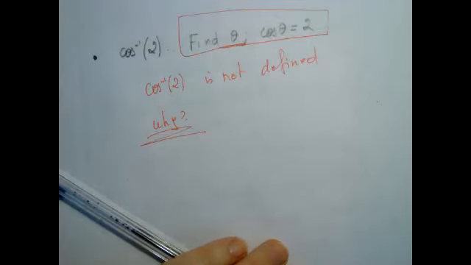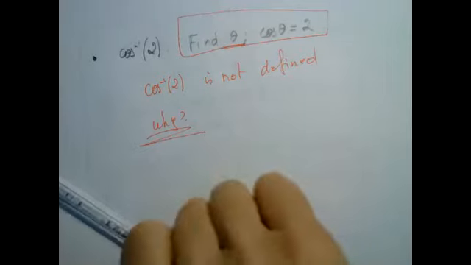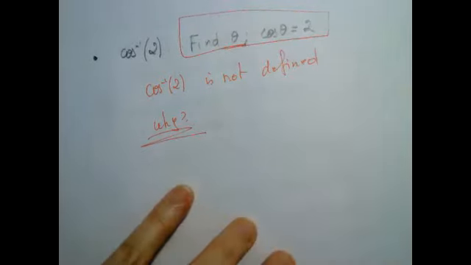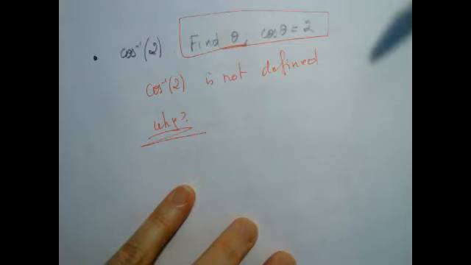Who would like to make sense out of that? What's the largest value the cosine can take? 1. What's the smallest value the cosine can take? -1. Can the cosine take the value 2? Absolutely not. That's really the reason.